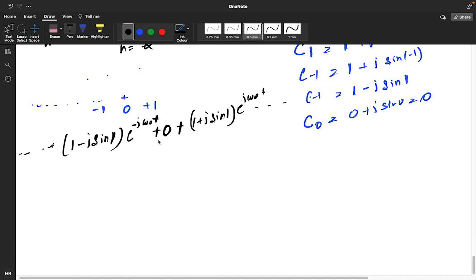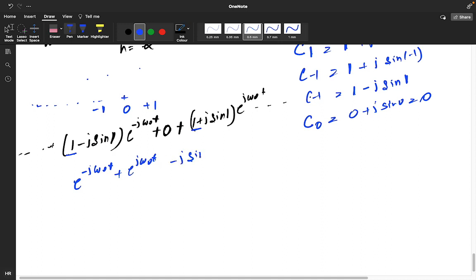Now carefully take the common. If I am taking the common, e power minus j omega naught t plus e power j omega naught t, this part and this part we took. Now the rest of the part what we have?